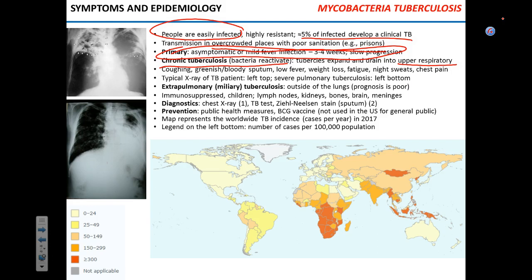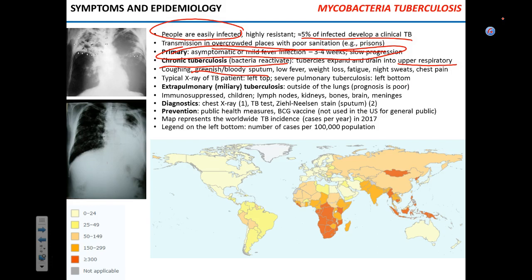The symptoms of chronic tuberculosis are described in all kinds of books, in literature, in fiction books. People cough. Cough is associated with sputum that is either green colored because it's a pyogenic infection, or sputum can be bloody.